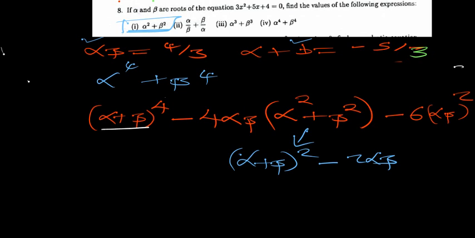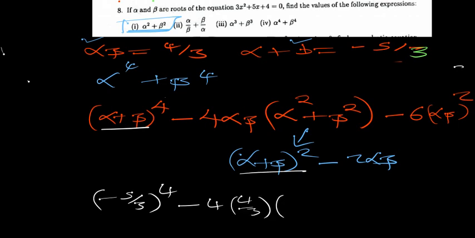Alpha beta is negative 5 over 3, to the power 4, and then alpha beta is 4 over 3. For the brackets, alpha plus beta, again it's negative 5 over 3 squared, so I can just put that in brackets, and then minus 2 alpha beta, which is 4 over 3.